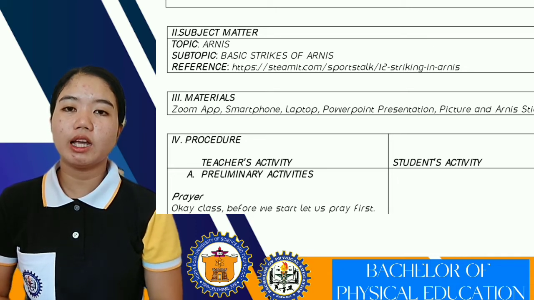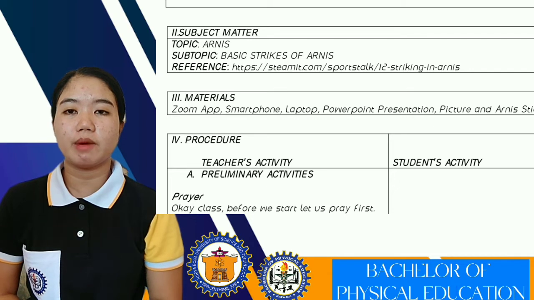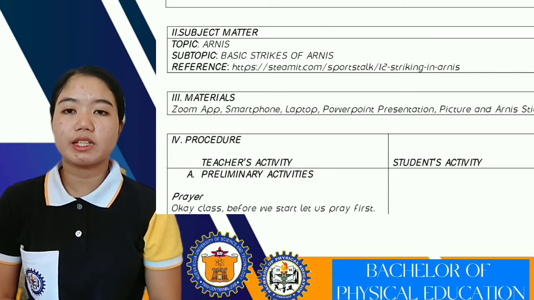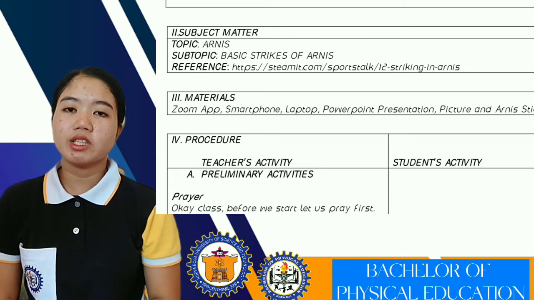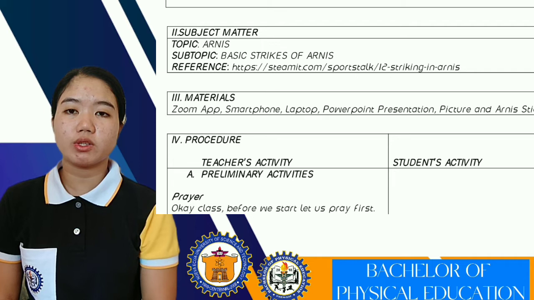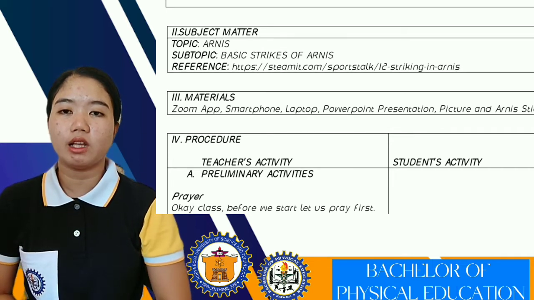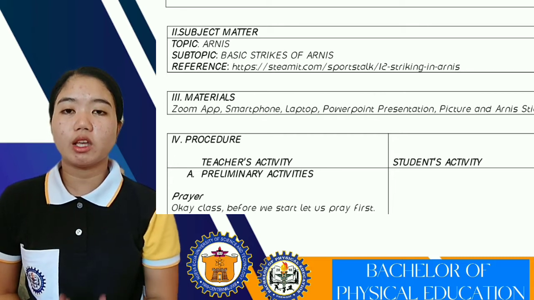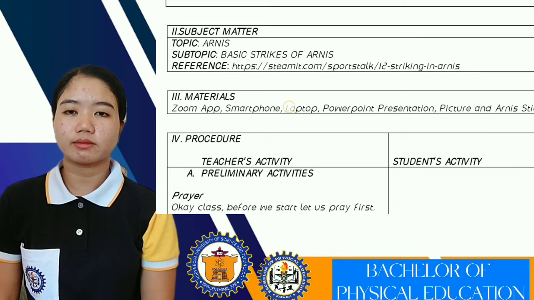So, dito, kinakailangan mo ilagay yung mga posibleng magamit mo or magamit ng mga estudyante mo, like, for example, Zoom app, smartphone, and laptop, at madami pang iba. Since we are facing a new normal, the common materials na ginagamit natin while we are discussing is more on technology to continue spreading knowledge to our students.